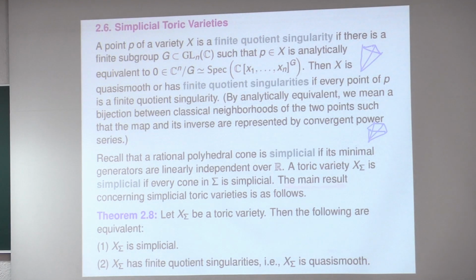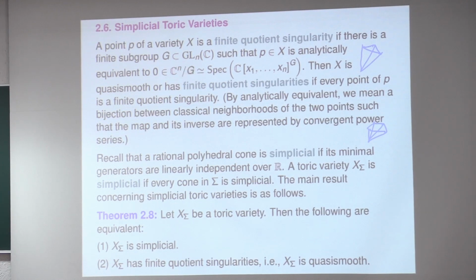Then the main result concerning simplicial toric varieties is as follows: when you have a toric variety, then the following things are equivalent. Your variety is simplicial if and only if it has finite quotient singularities, which people also call quasi-smooth. It's a synonym. So this definition that we gave over here, that the singularities are not too bad, they can be seen as: you take the affine space, act by this finite group, and look at the 0 in that quotient.